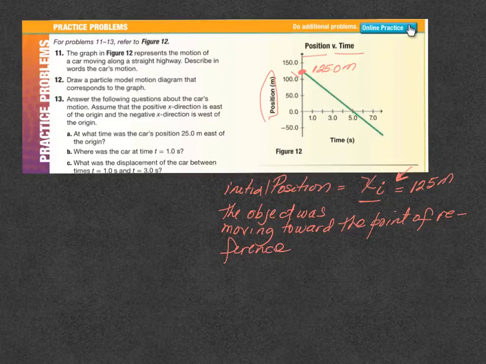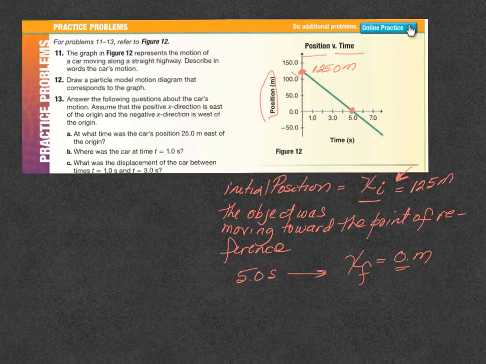If you look over here, after 5 seconds, the object was located, you're going to put final, it's not the final one, but I'm going to put final, was located at 0 meters, because it was passing by the point of reference and continuing all the way south in that direction, moving at a constant rate. Understand that part? Okay. So knowing that, we are going to start answering the question that you have over here.